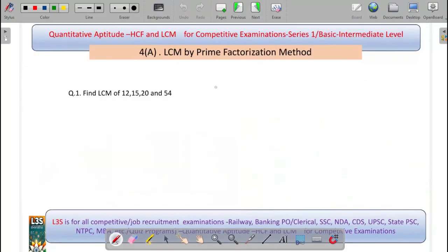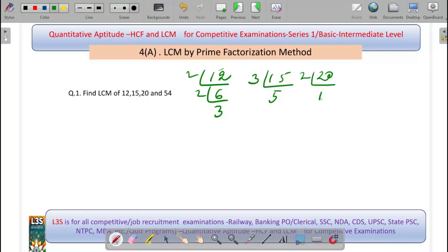We'll see another one: 12, 15, 20 and 54. So 12 will be 2 into 6, 2 into 2 into 3. 15 is 3 into 5. 54 is 3 into 9, 3 into 3.